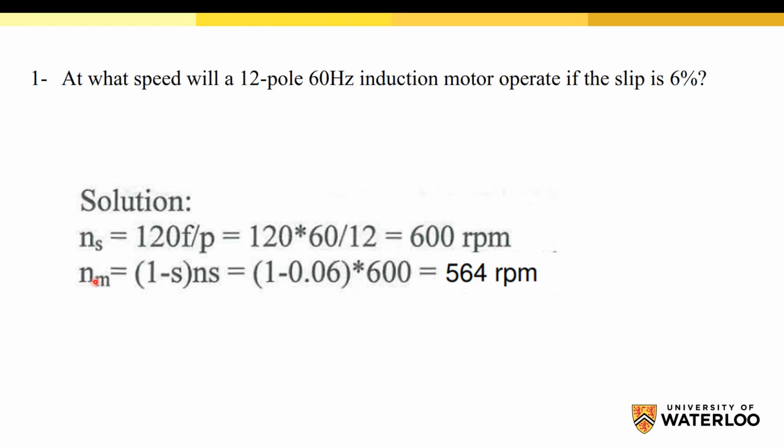So the mechanical speed of the motor will be (1 minus s) times ns, which is the synchronous speed. So we know the slip, we know the synchronous speed, so we can easily calculate the motor speed or the mechanical speed.